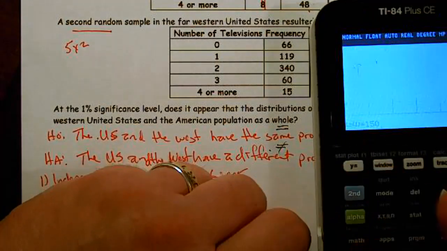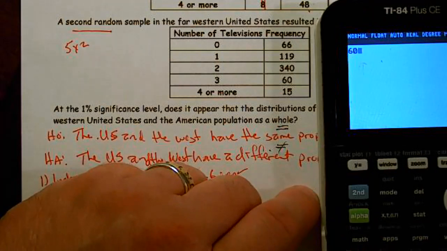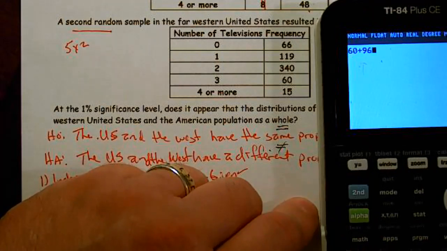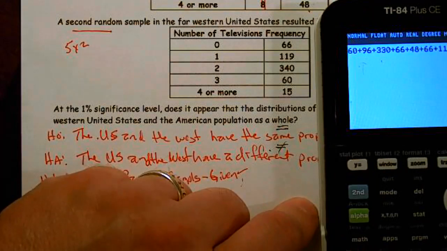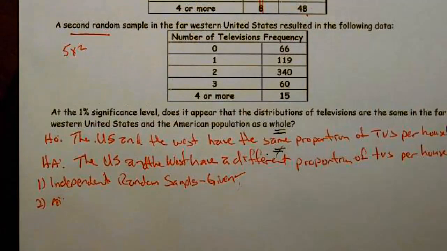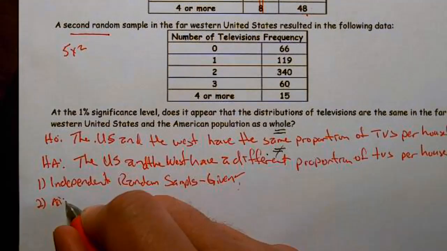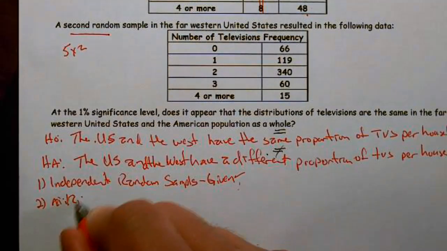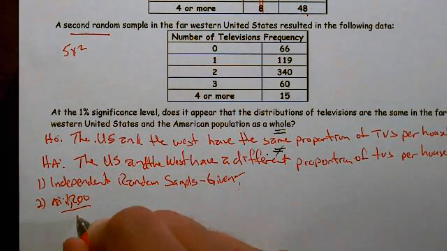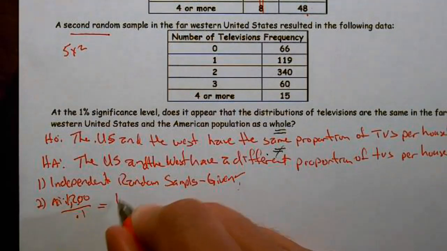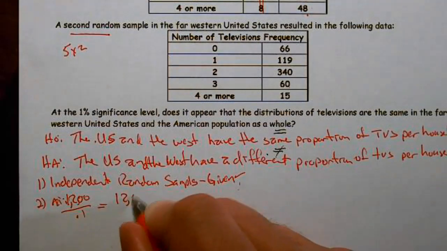And so we have 60 plus 96 plus 330 plus 66 plus 48 plus 66 plus 119 plus 340 plus 60 plus 15. 1,200. So 1,200 divided by 0.1 equals 12,000.